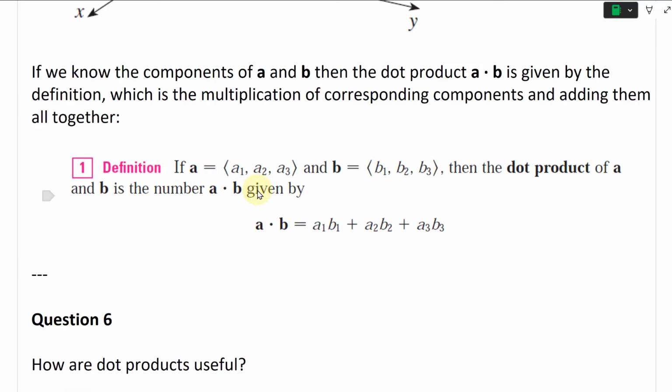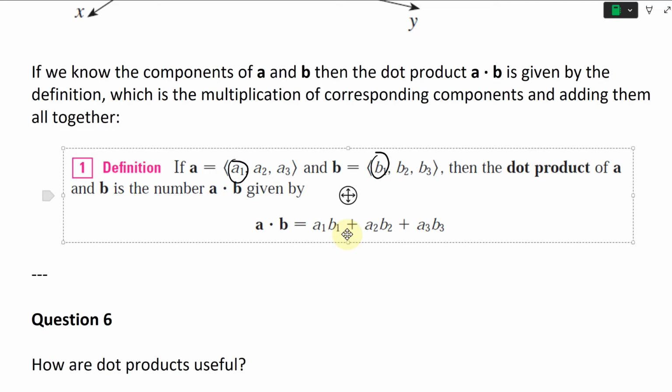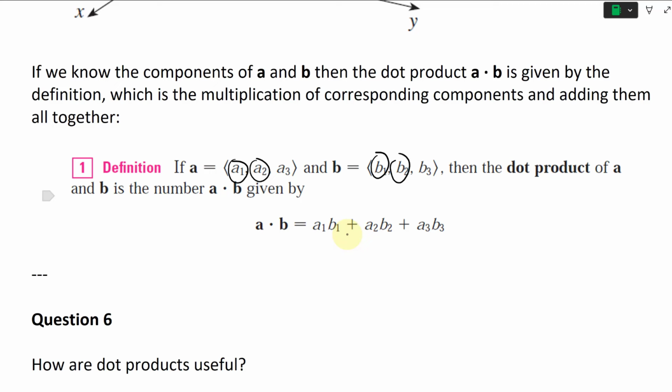So if A has components A1, A2, A3, and B has components B1, B2, B3, then the dot product A dot B is the number given by multiplying the first ones, adding the multiplication of the middle ones, and then the third ones. So A1 B1 plus A2 B2 plus A3 B3.